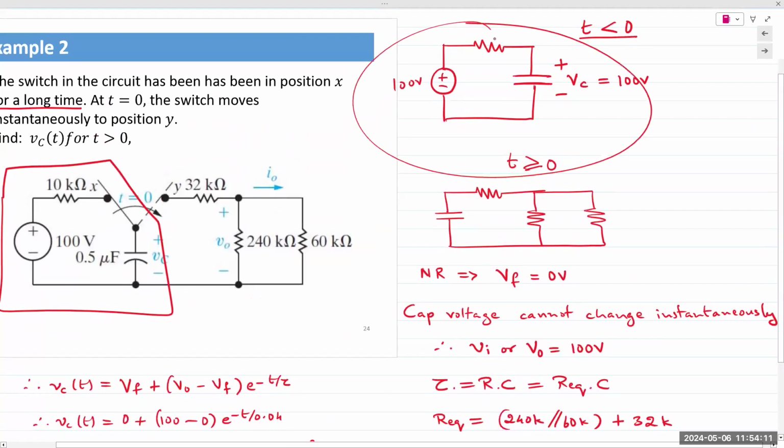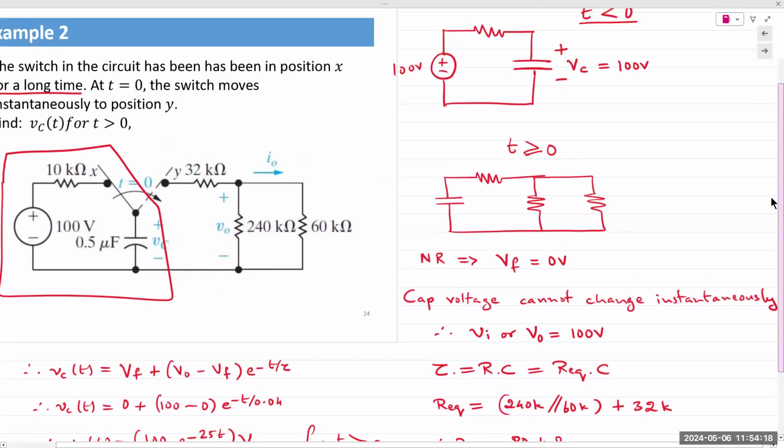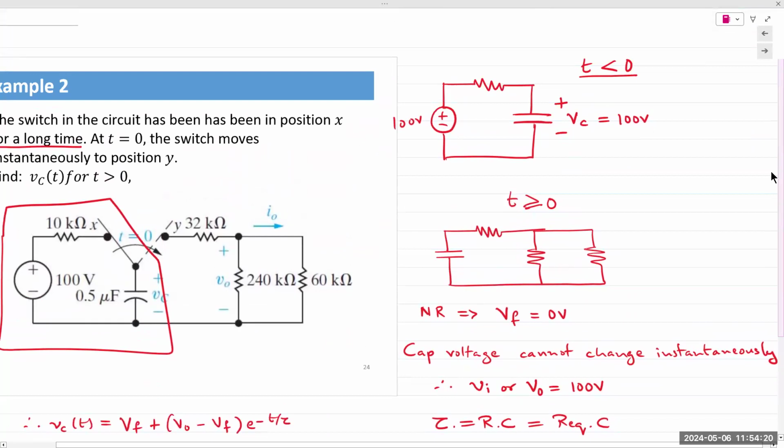So the question being asked is, how does it reach 100 volts? Because that's the voltage that's being applied in series with that resistor. Initially, when it first starts out, and now we're not talking about time t greater than 0. We're talking about the time in the past, when the capacitor first began charging.